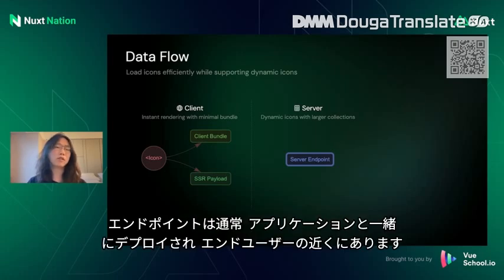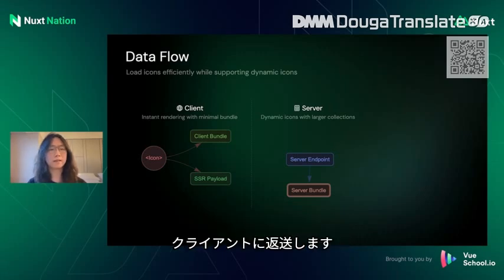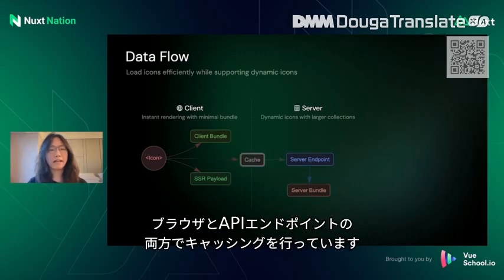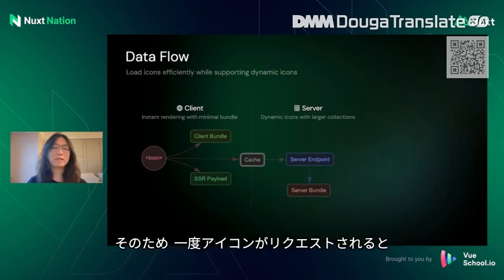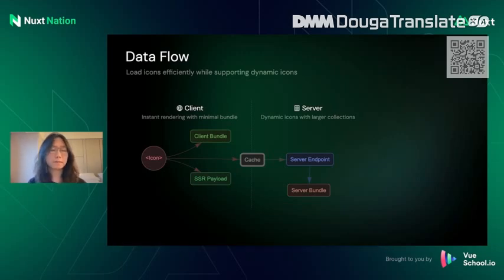The endpoint is usually deployed along with your app and close to the end users. The server will look up for the requested icons in the server bundles and then serve them back to the client. We have caching on both the browser and API endpoint. So once one icon has been requested, subsequent requests are much faster.